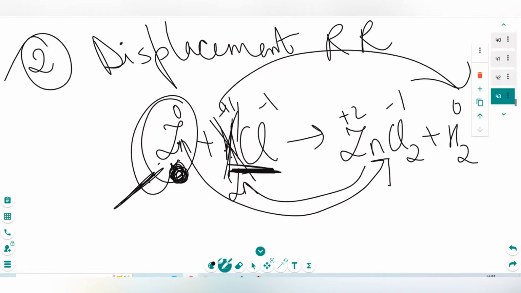Now, why am I focusing on all these things so much? Because it is not going to happen, Swapna, that every time something can replace something. No. There is a standard reduction potential series, which we call it, which you have to follow.